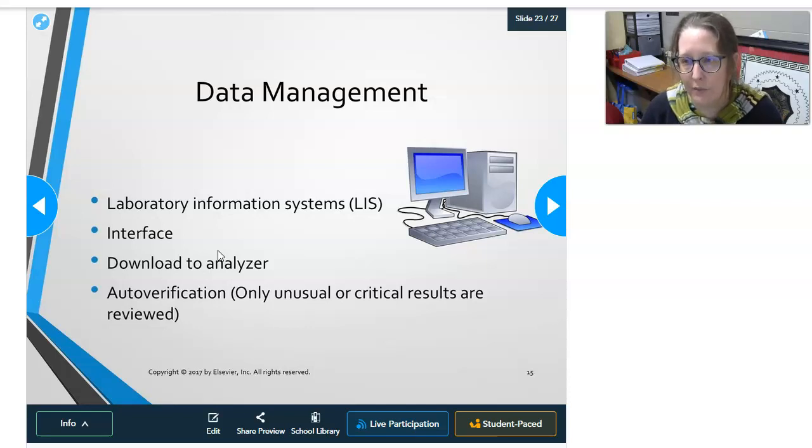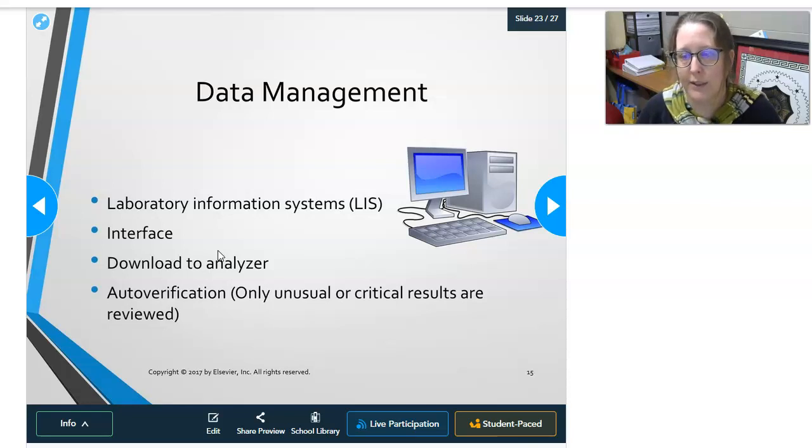If you don't have auto verification in place, every test result that comes off that analyzer has to be verified into the lab information system before it can be sent to the charts. So that's a time-consuming process.